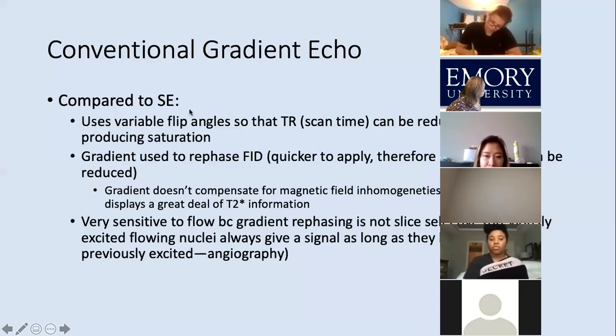So main thing to remember is you're using a flip angle that is smaller than 90 degrees, and you're using a lot shorter TRs. All right, and you're going to be using gradients to rephase that free induction decay. Instead of that 180 degree refocusing pulse, we now have to put that responsibility on the gradients.